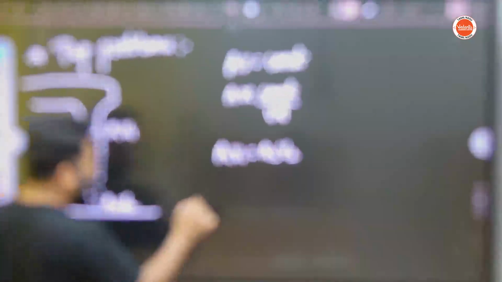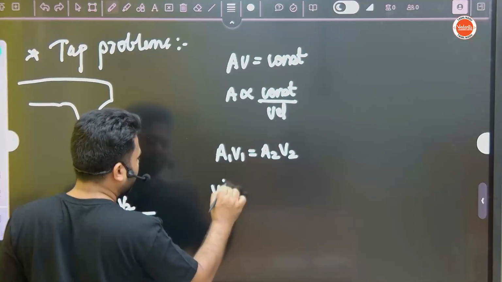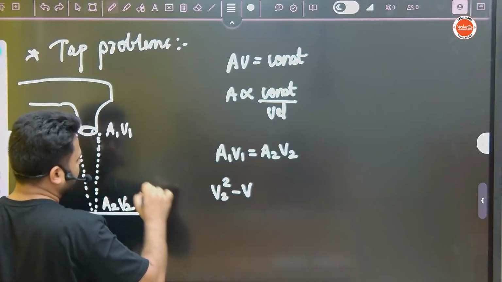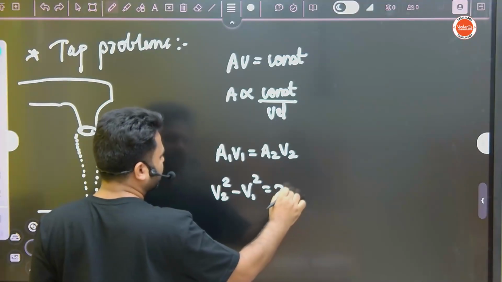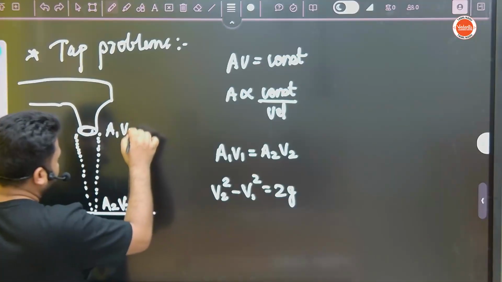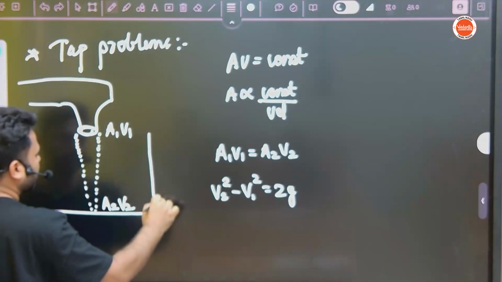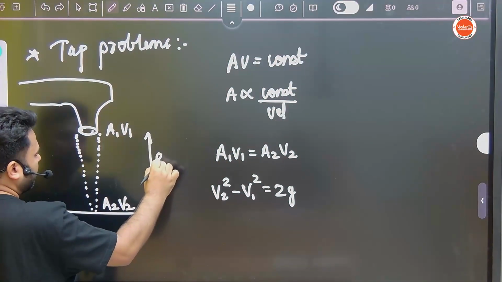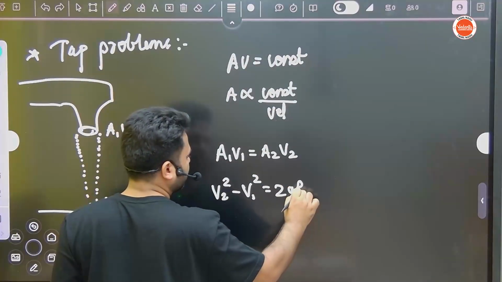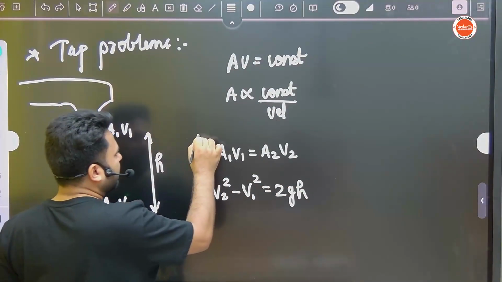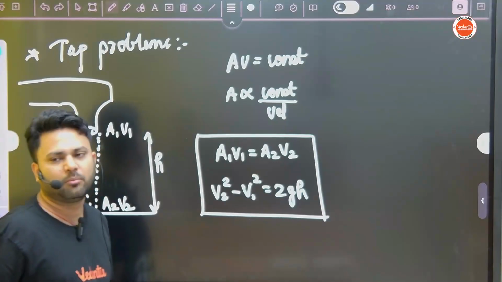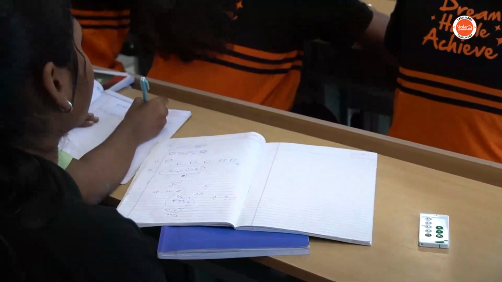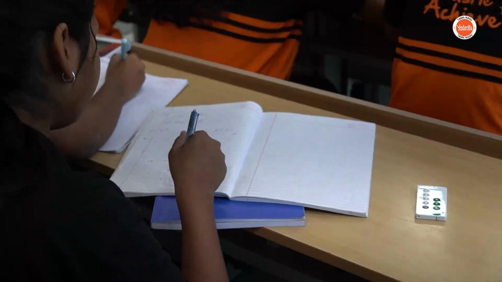So final velocity V2 square minus initial velocity V1 square equals 2 into acceleration, which is g, into distance, which is h. So 2gh. You remember these two and you will be able to solve all tap problems.